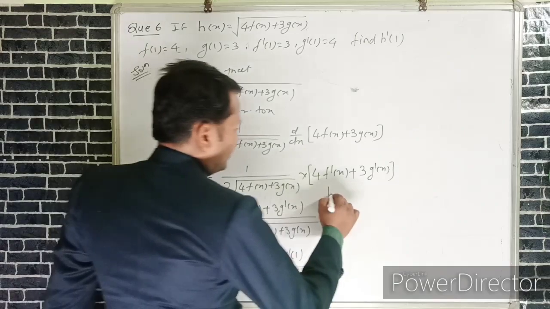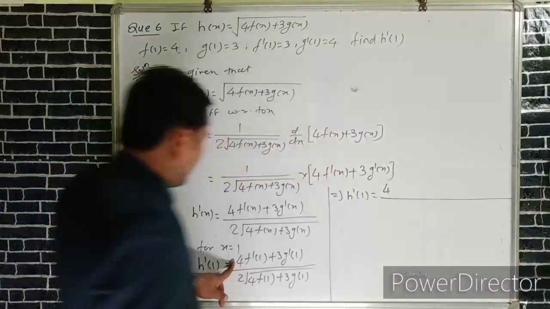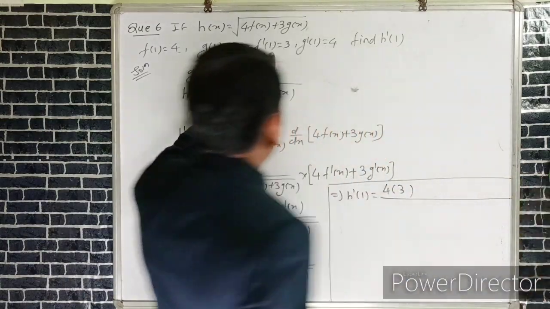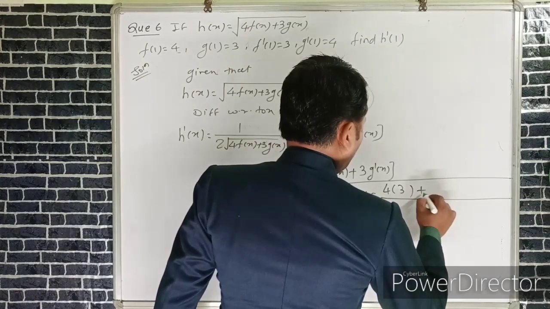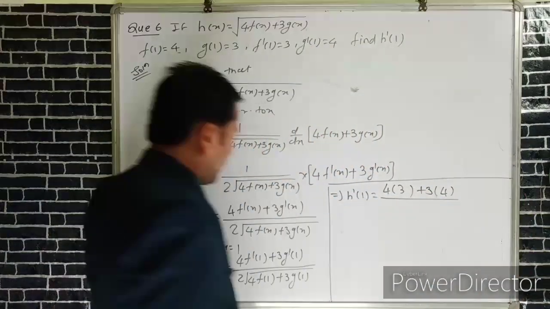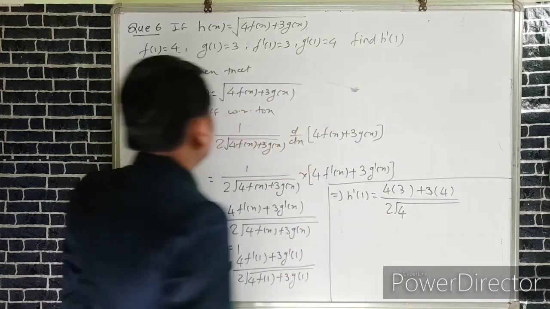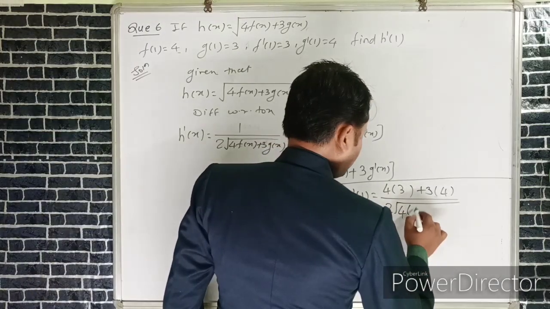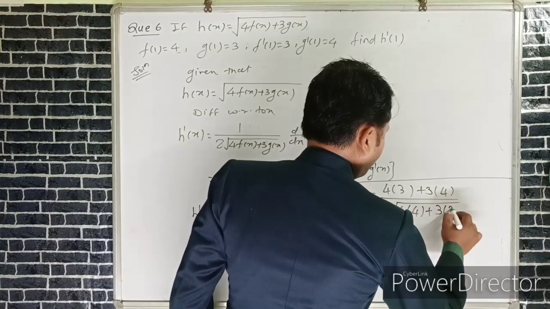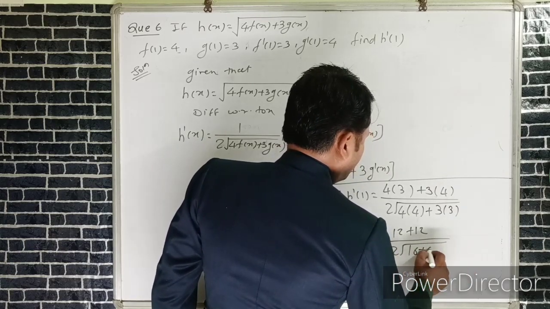After that, we can write h'(1) is equal to 4 into the value of f'(1), which is given as 3, plus 3 into the value of g'(1), which is 4, upon 2 times the square root of 4 into the value of f(1), which is 4, plus 3 into the value of g(1), which is 3. 4 into 3 is 12, plus 12, upon 2 times the square root of 16 plus 9.